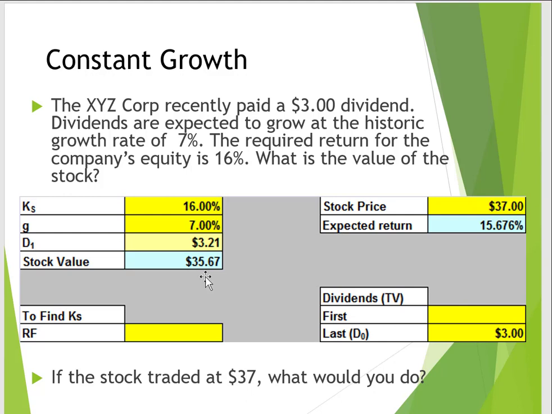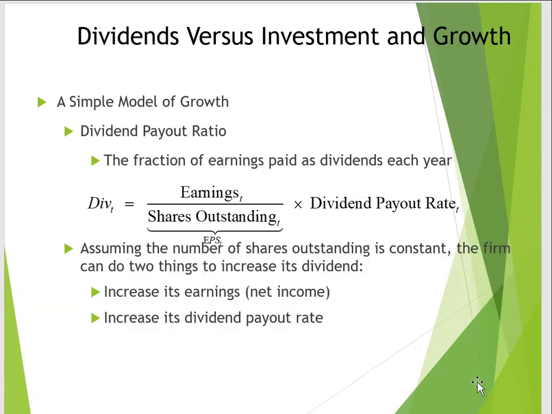Obviously, you would not. If you did pay $37, you would only earn 15.6%. But given the riskiness of this asset, you would want a minimum of 16%. So again, this just tells us that this stock is not a good investment at this time.